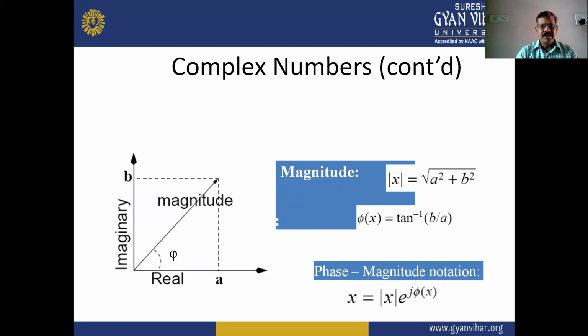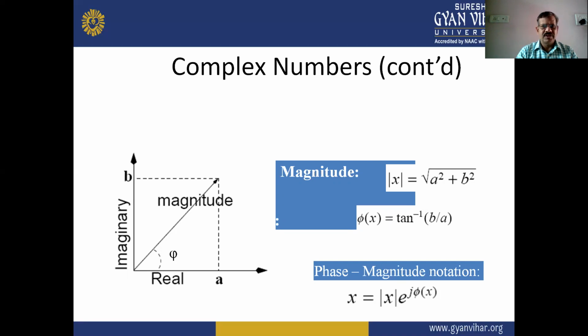And what is the magnitude of a complex number? So x equals a plus jb. What is the magnitude of x? The magnitude of x equals the square root of a squared plus b squared, and the phase will be phi x equals tan inverse of b upon a. Also, in magnitude-phase notation, x equals magnitude of x into e to the power j phi x.